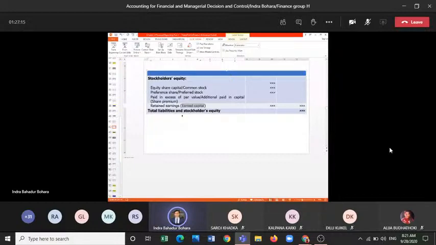So in this way when you want to classify as contributed capital and earned capital you can show, or you can directly write stockholders equity as equity share capital, preference share capital and paid in excess of par or additional paid in capital, or it is also called share premium, and retained earning.